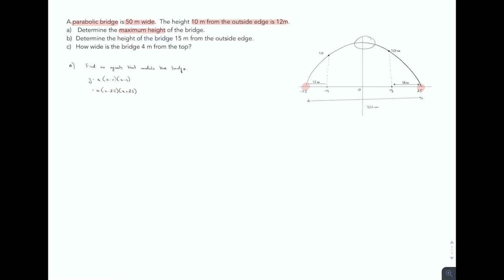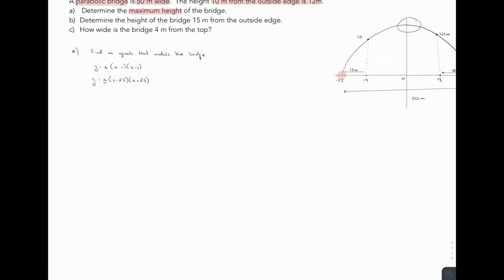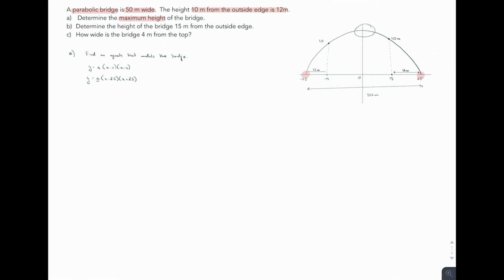Fits nicely into our equation for factored form. But what still remains to be found is, what is the value of a? And that is where I'm going to be using this point over here, which in coordinate form is going to be 13, 10. I could also use, if I wanted to, negative 13, 10, which is this guy over here, but I'm going to just stick to my positive values.